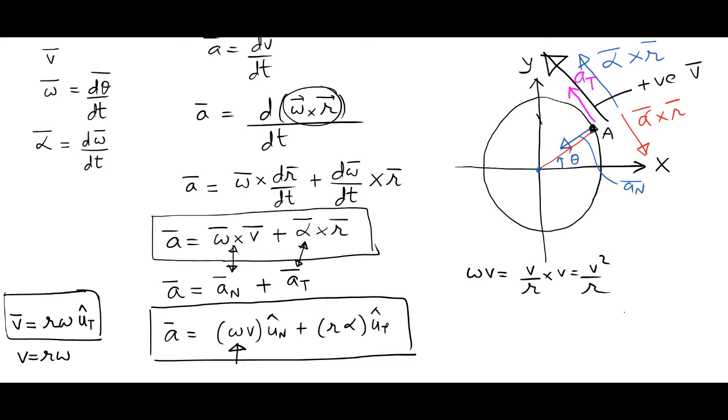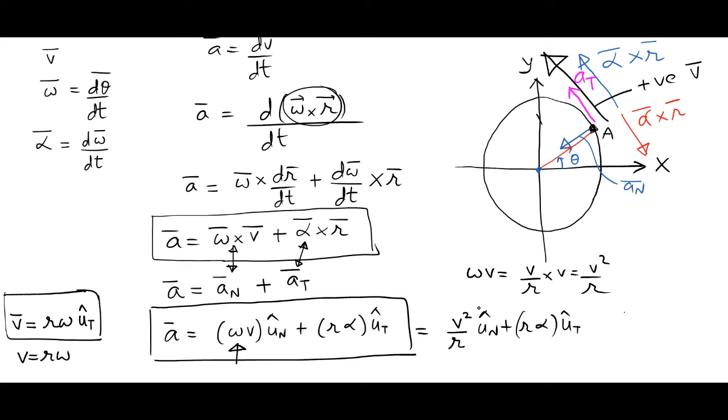So one alternative form of this expression is, in place of omega v as the normal acceleration, you write v square upon r, and of course everything else is the same, un cap plus r alpha times ut cap.